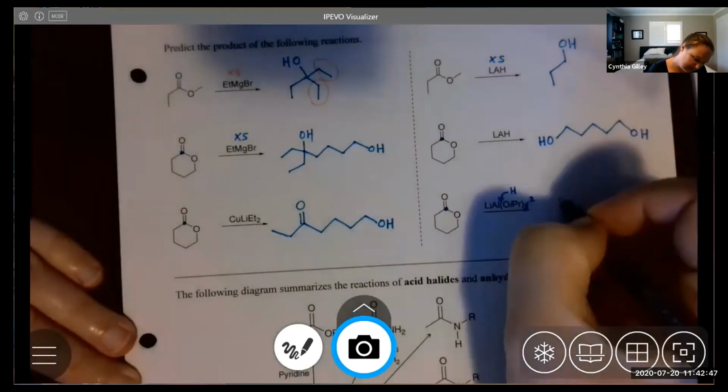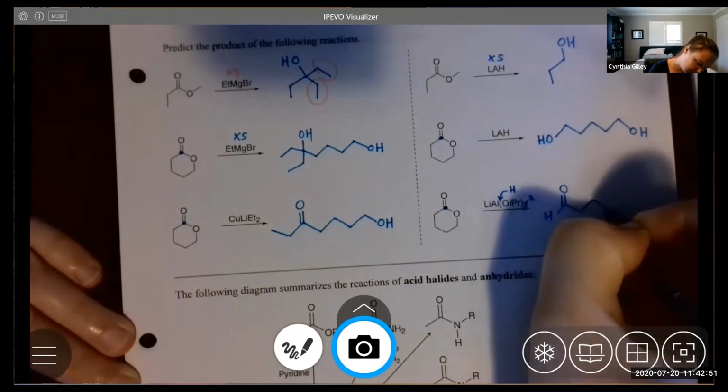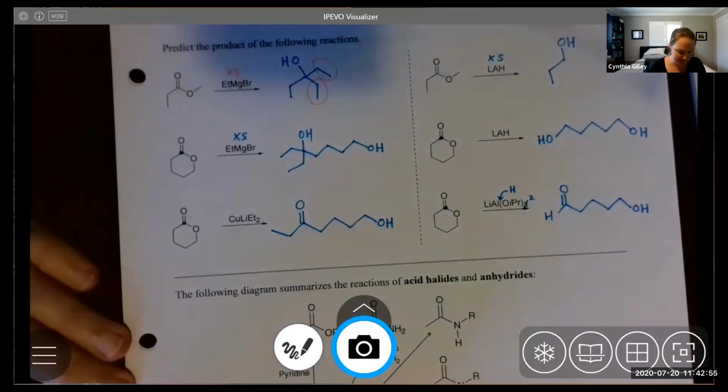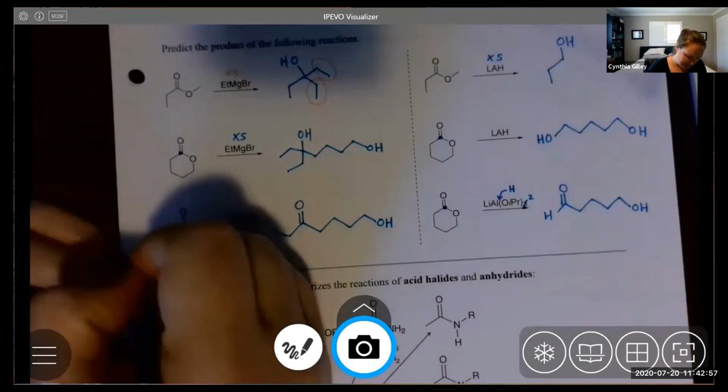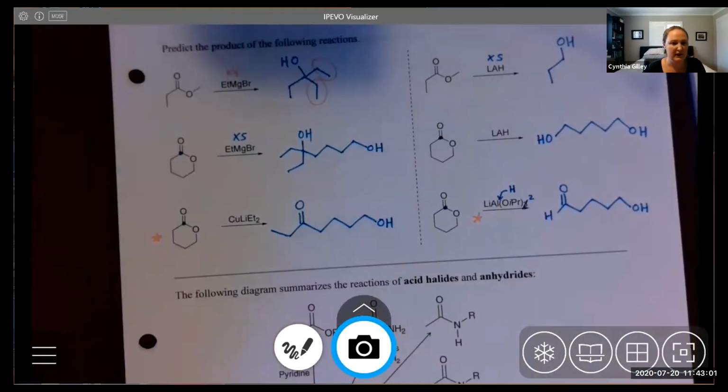So instead of a ketone, we're going to draw in an aldehyde. Okay, so these 2 are new reactions from esters that you want to learn. Make sure to include those examples of those reactions in your flashcards if you make them.